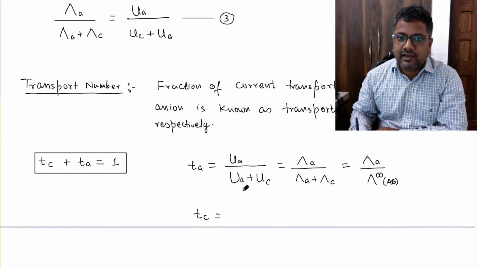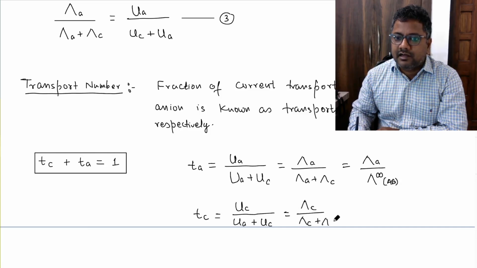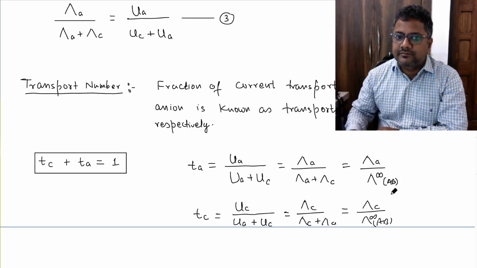Similarly, you can find the relation for T of cation. T of cation is equal to U of cation by U of anion plus U of cation. So this is equal to lambda of cation by lambda of cation plus lambda of anion, which is lambda of cation by molar conductance of AB.